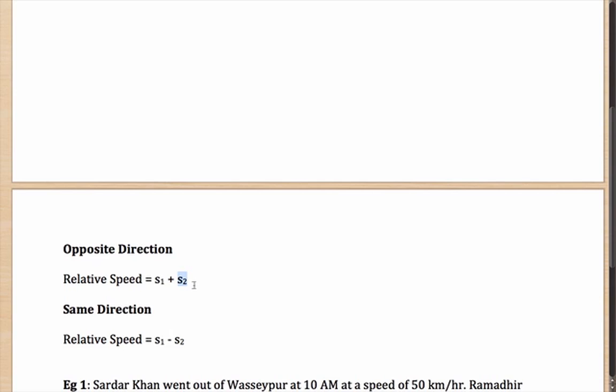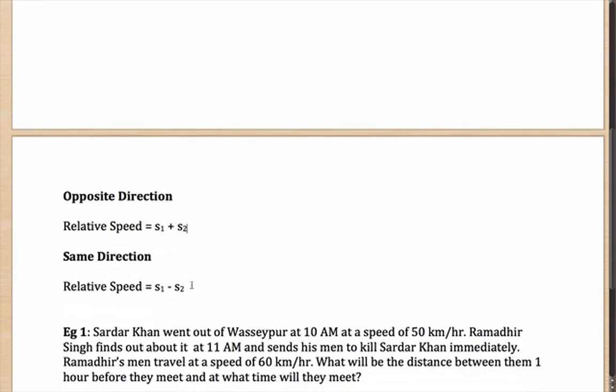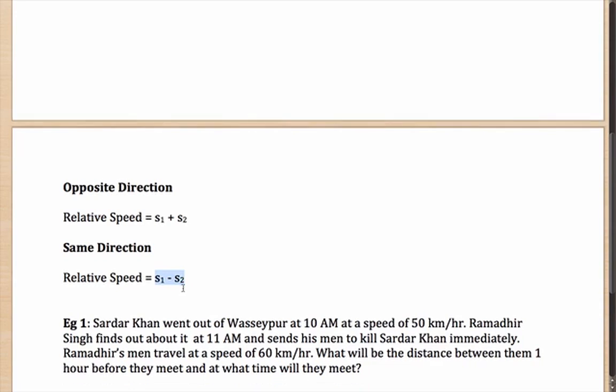Then what will happen is after 1 hour, A would have traveled 20 kilometers, B would have traveled 30 kilometers, and the distance between them will now be 50 kilometers since they are moving towards each other, and hence we can say their relative speed is s1 plus s2, or 50 kilometers per hour. Very similarly, if they were traveling in the same direction, then the relative speed will be the difference of the two values. Let us take a couple of examples to clarify this concept.